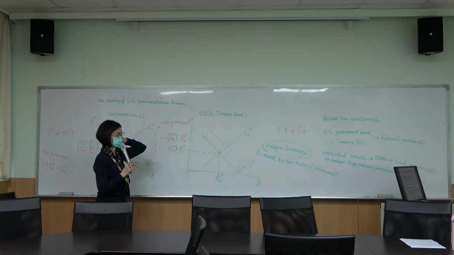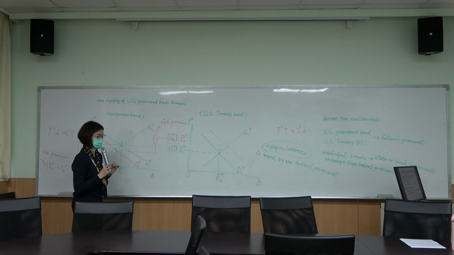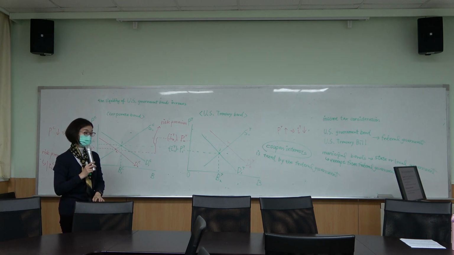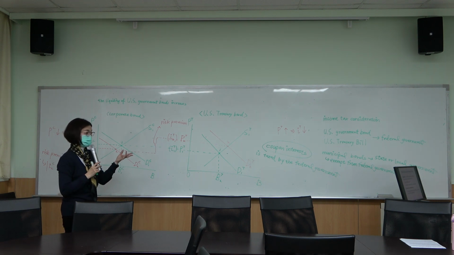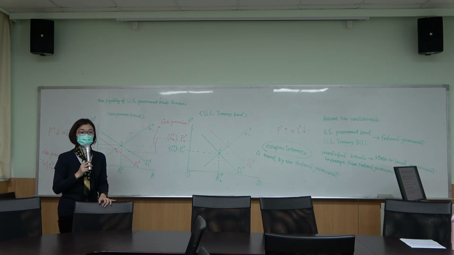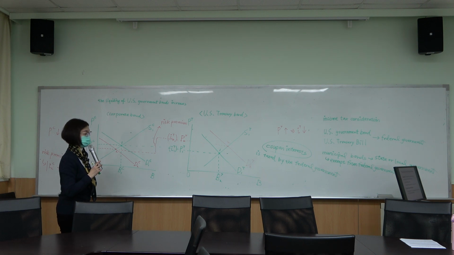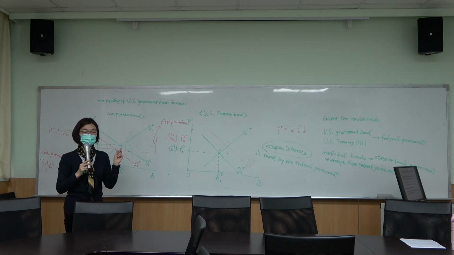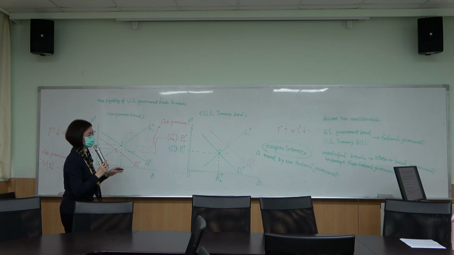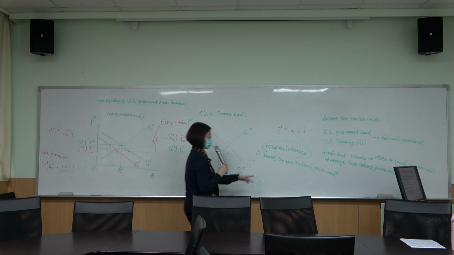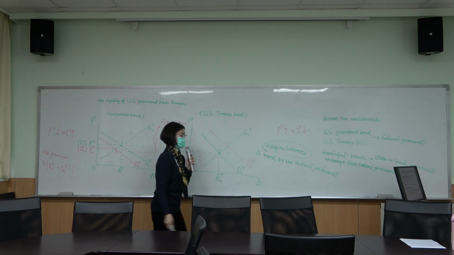So the interest we earned from the municipal bonds might be exempt from the federal government, or both the federal government and the local government. So the municipal bonds are very popular with wealthy people, the top income people.